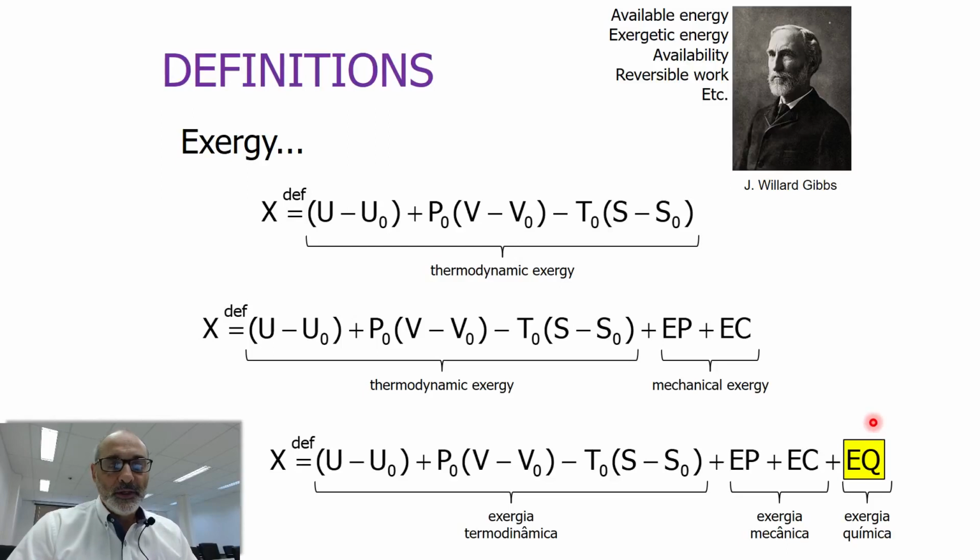What we're going to see today is how we can assess this term, because potential energy and kinetic energy are 100% exergy, but this is not the case for chemical exergy. So we're going to see this today.